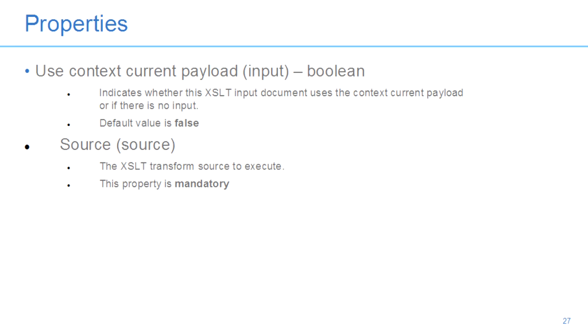If it's true, then it will use the payload that's on the wire. If it's set to false, then it doesn't pass anything into the XSLT at all. And then the source is just the XSLT source that's going to be used for that policy. The default for the first one is false, and the only property that is mandatory is the source field.